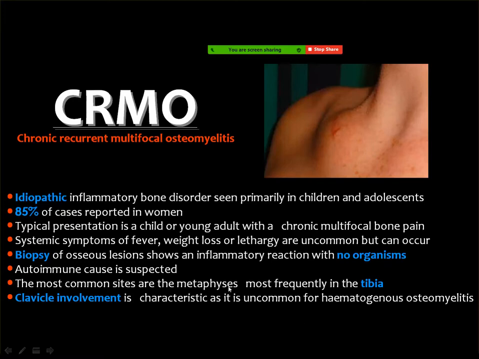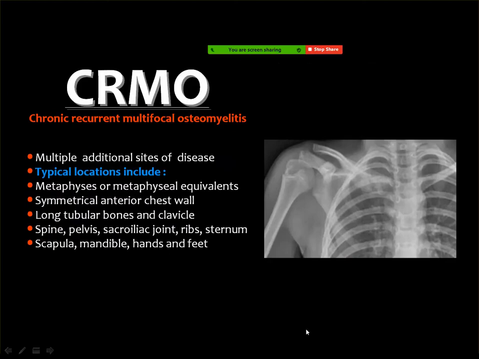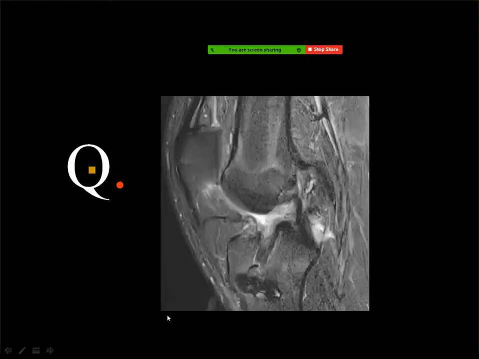The most common sites other than the clavicle are the tibia, and if you have a biopsy from these lesions, you do not see organisms. And this is a classic appearance of what's known as CRMO. The typical locations are the metaphysis, symmetrical anterior chest wall, and long tubular bones. The clavicle is one of the well-known sites.